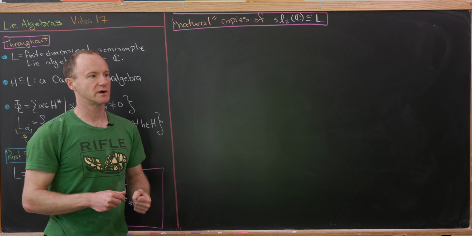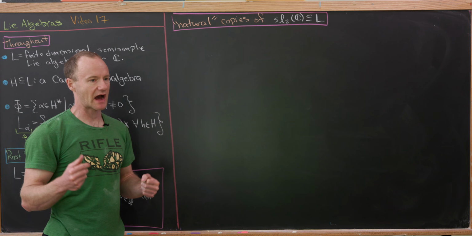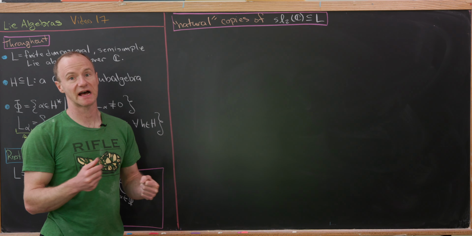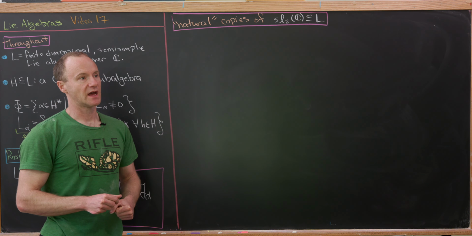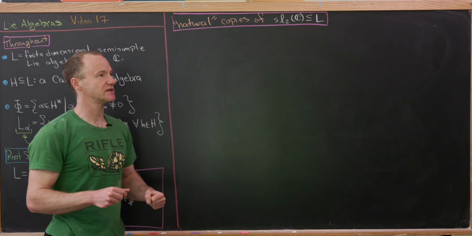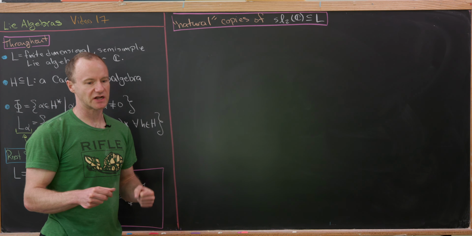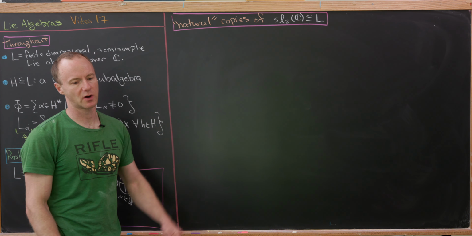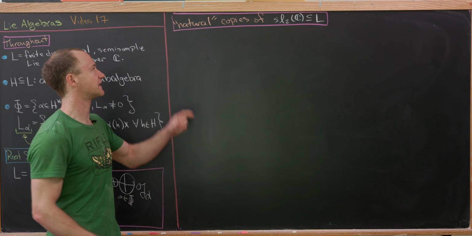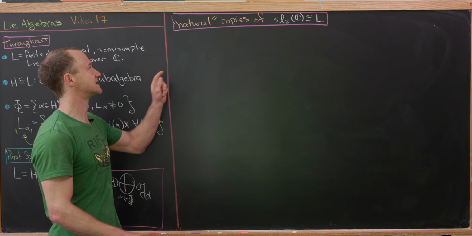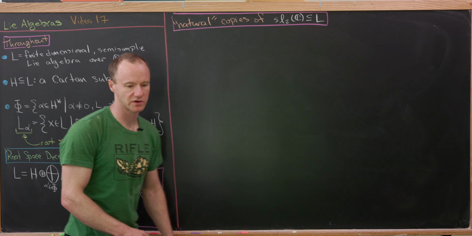But we're going to extend our knowledge of its importance as we move forward. And we'll see that we can essentially build any Lie algebra out of SL2 parts. And we're going to start looking at that today by seeing natural copies of SL2C inside of any finite dimensional semi-simple Lie algebra over C.